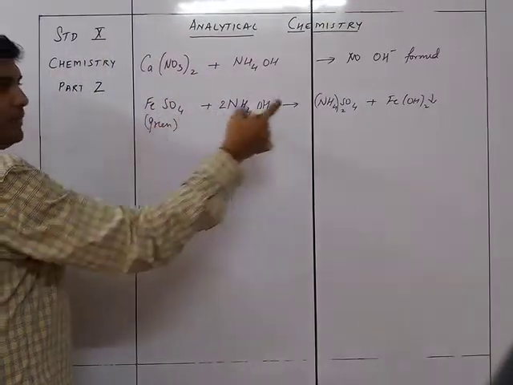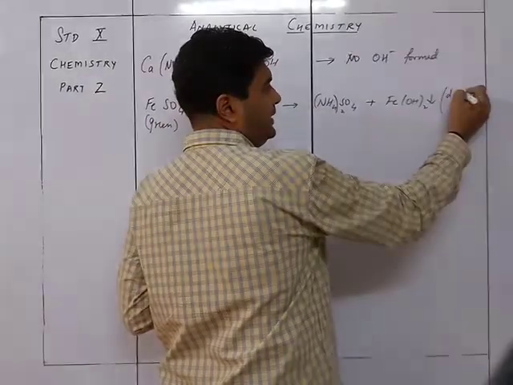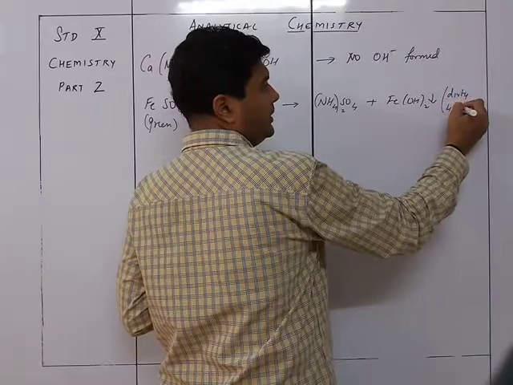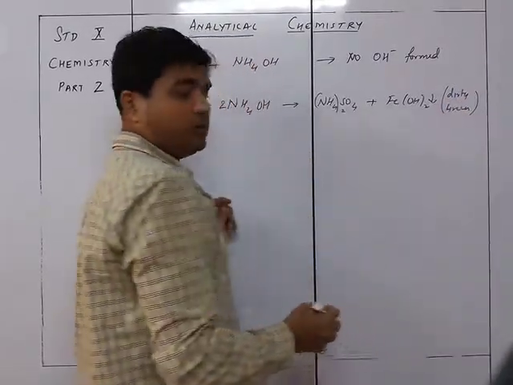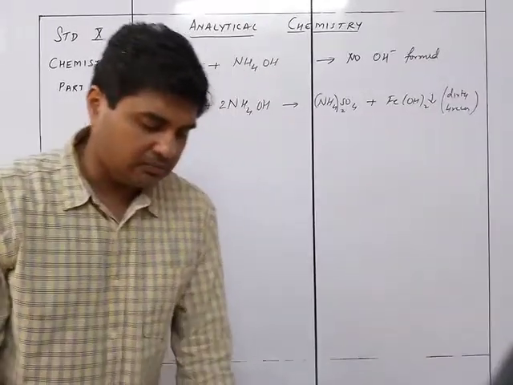So the color we are going to get here will be dirty green. So a dirty green colored precipitate is going to be given out when we are taking the ferrous salts.